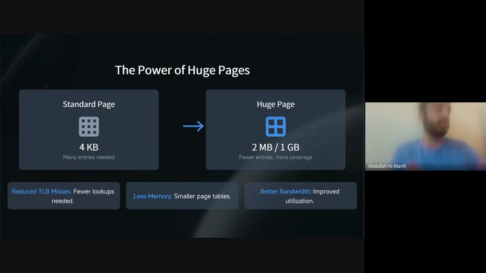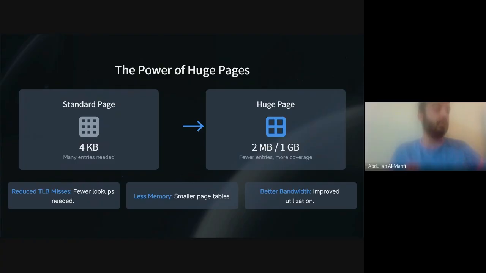Another important technique is the use of huge pages. Standard 4 KB pages need many TLB entries and larger page tables. Huge pages such as 2 megabytes or 1 gigabyte cover more memory with fewer entries, reducing TLB misses and shrinking page tables.